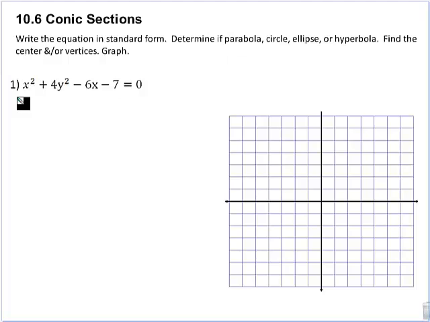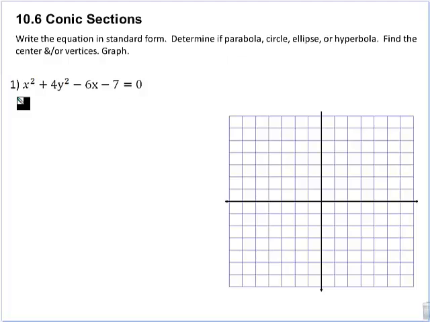What's the sign between x squared and y squared for circles? Adding. Ellipses are adding, and for hyperbolas, it's subtracting. So the subtraction sign between your x squared and your y squared is what clues you off that you have a hyperbola.